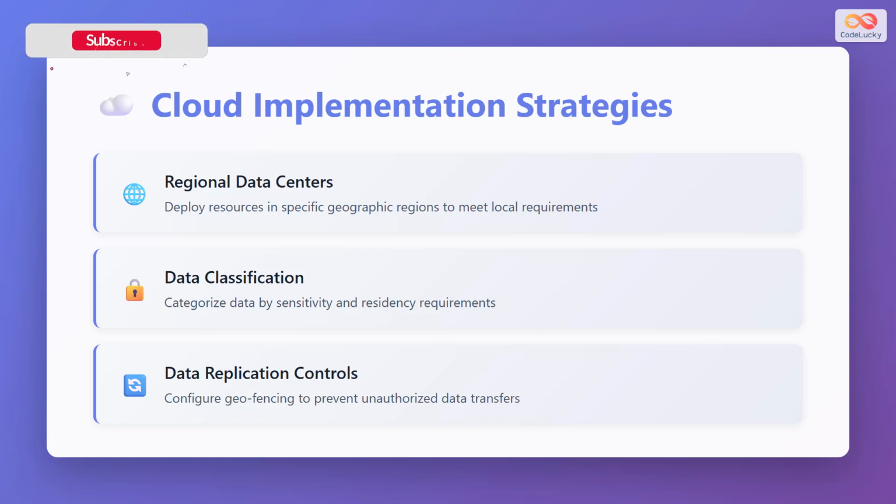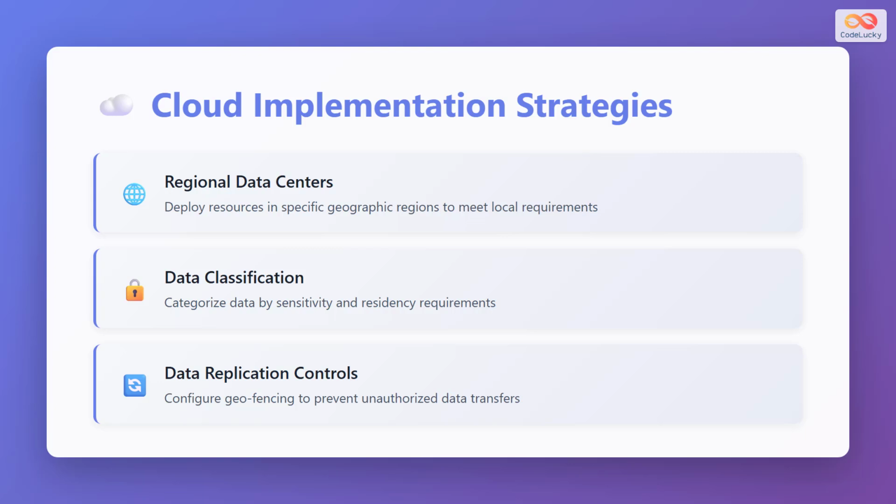Implementing data residency in the cloud requires strategic planning. The first strategy is using regional data centers. Cloud providers like Amazon Web Services, Microsoft Azure, and Google Cloud offer data centers in multiple geographic regions. Organizations can deploy resources in specific regions to meet local requirements. The second strategy is data classification. Not all data requires the same residency controls.